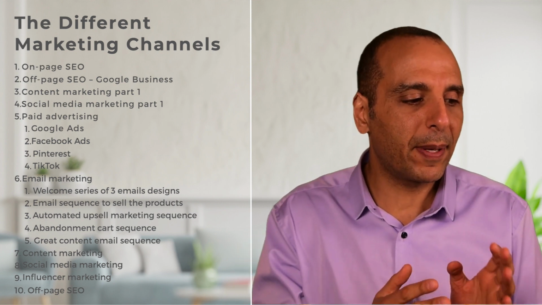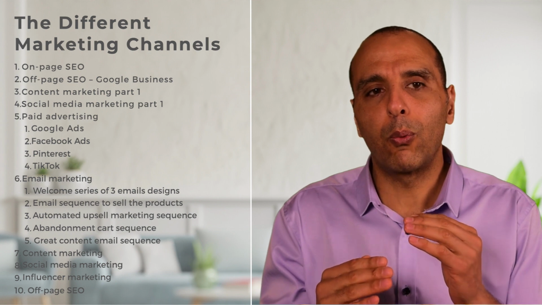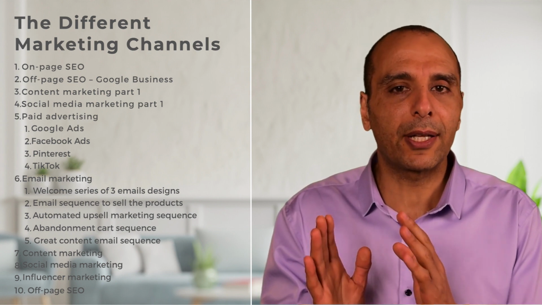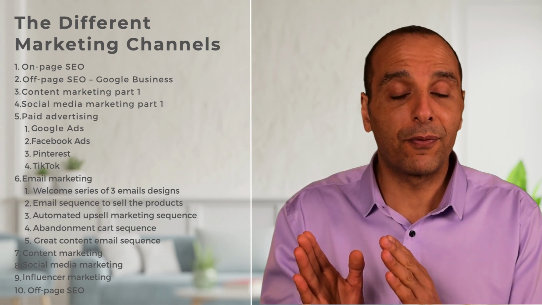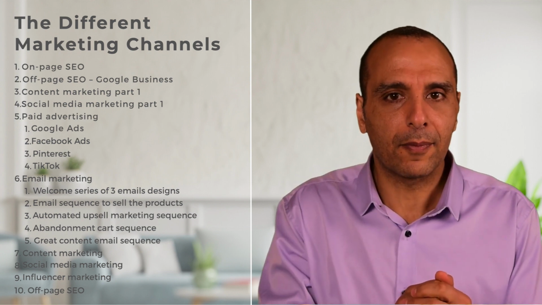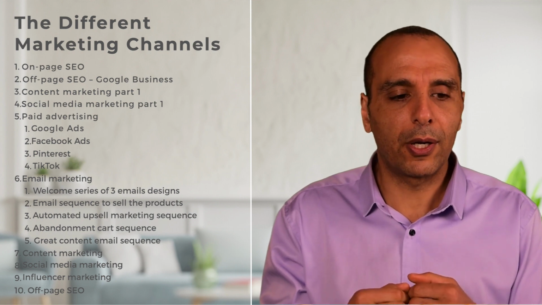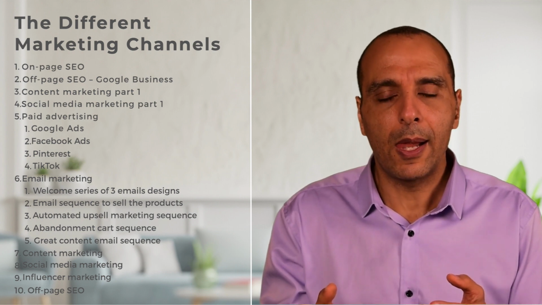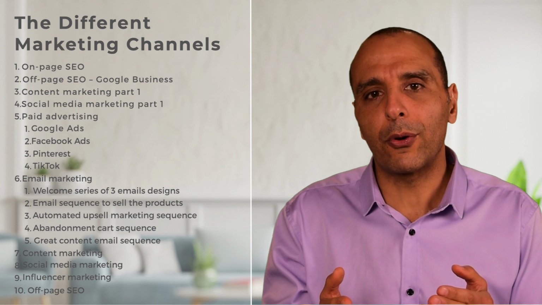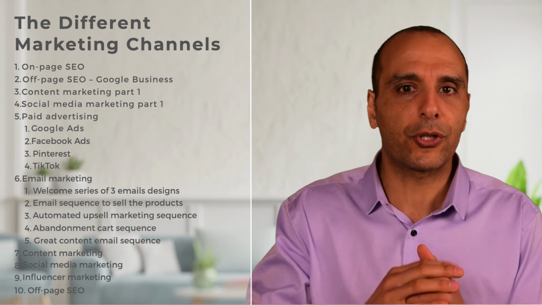And so what off-page SEO is about is not to tell Google what you're about, because they already know what you're about if you've done your on-page SEO, the first item on the list. It's more to tell Google that you are reputable, you're an authority in this industry, and that you're more of an authority than your competitors. Therefore, you should rank higher on the search engines.